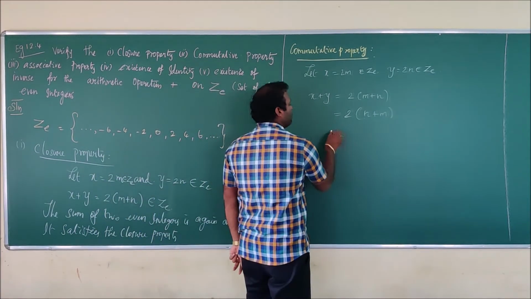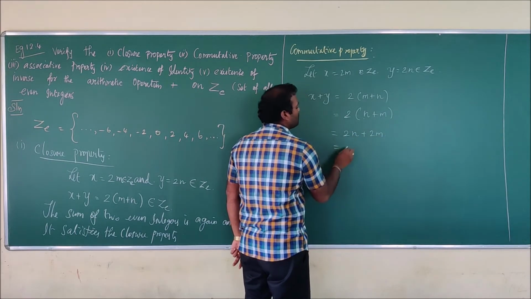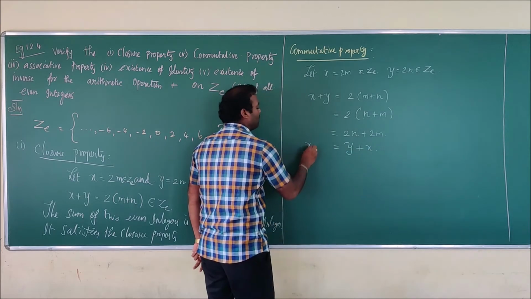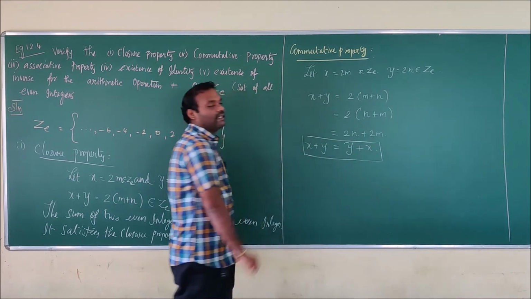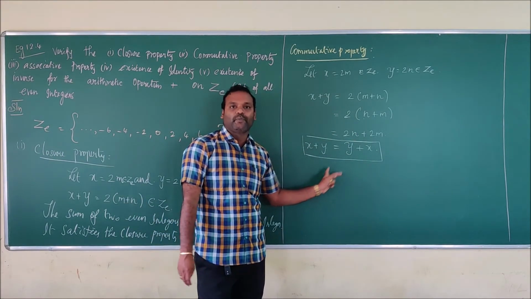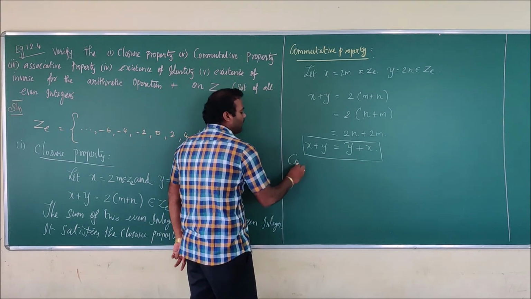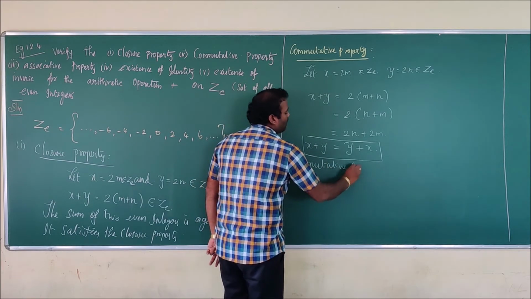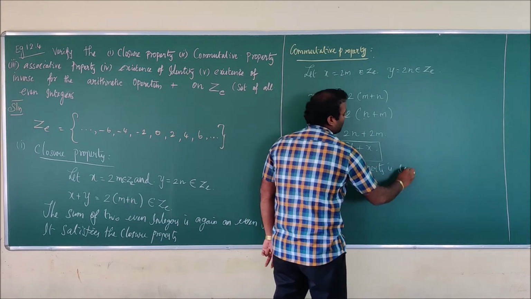So you can write this as 2n plus 2m. 2n means y, 2m means x. In the left hand side you are having x plus y, and in the right hand side we have proved y plus x. This shows that the commutative property is also satisfied.